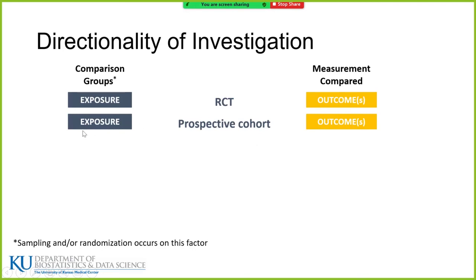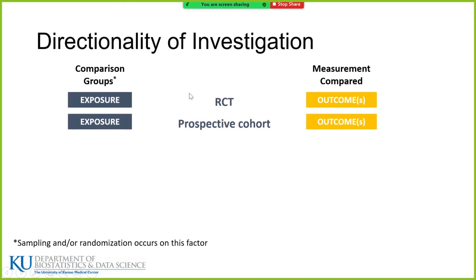So we try to randomly sample a certain number of individuals who have been exposed to something, certain type of treatment, certain type of environmental exposure, and then we also try to accumulate those that were unexposed or some other adequate control group. So we're sampling based on their exposure and comparing those groups based on the outcomes.